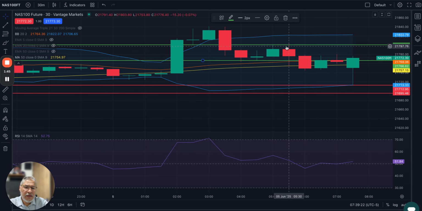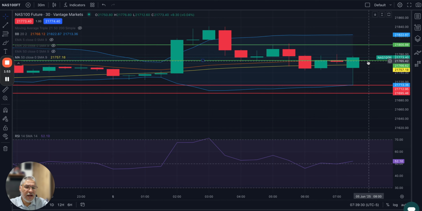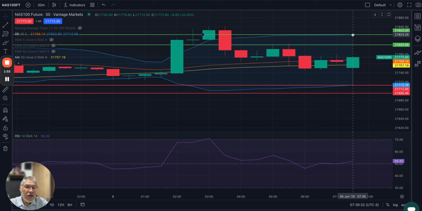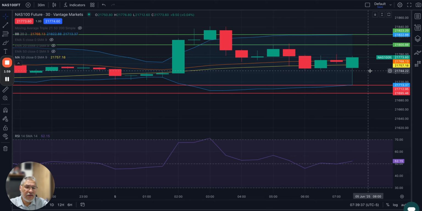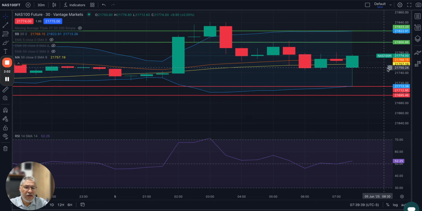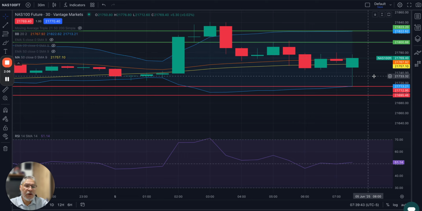We do see some sort of a double top here with these two wicks. Let's leave that as a possible level of resistance, and let's use the upper boundary band as our second level. Now, this is obviously in the half hour, so we still have a way to go before the market opens for the US session.